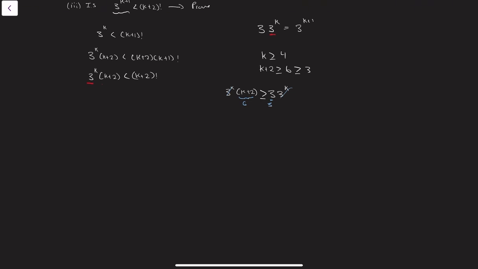So in doing that, we can write the following inequality. We can then write 3^(k+1) is going to be less than or equal to our middle term, 3^k times (k plus 2), and we'll have this term, (k plus 2) factorial. And there should not be an equal sign below the inequality. Sorry about that.